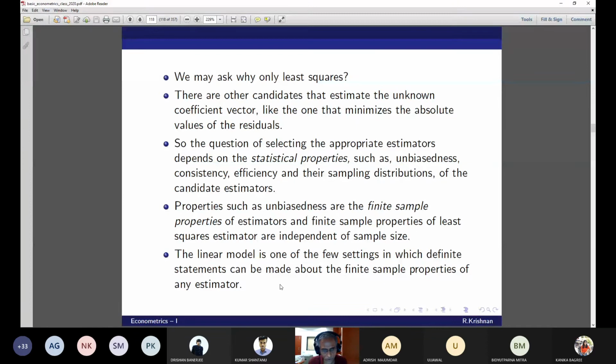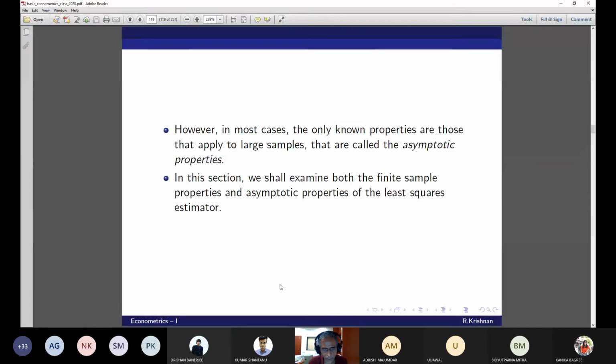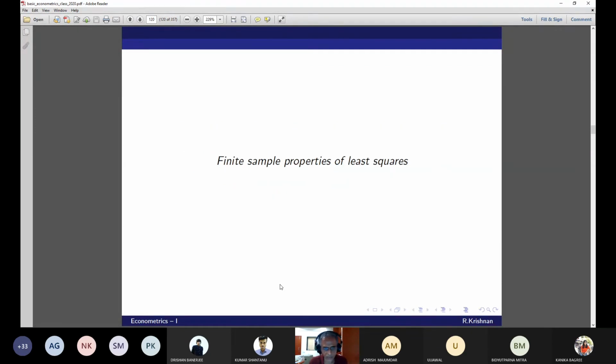What do you do in that case? When the linear model is not in use, the only known properties are the finite sample properties and asymptotic properties. We shall start with the finite sample properties of least squares.